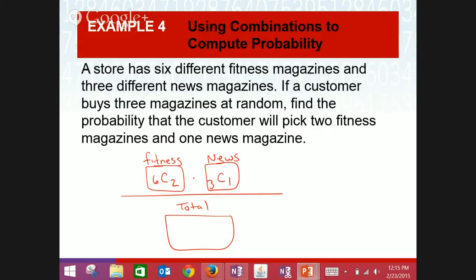And then what would I put in the total box? 9 combination 3. You see how this helps guide that I'm picking 2 fitness and 1 news out of the total of 3 that I have to pick from. 6 of them are fitness, 3 of them are news, so that tells me 9 of them.